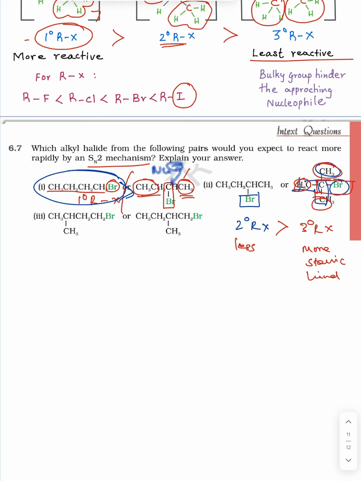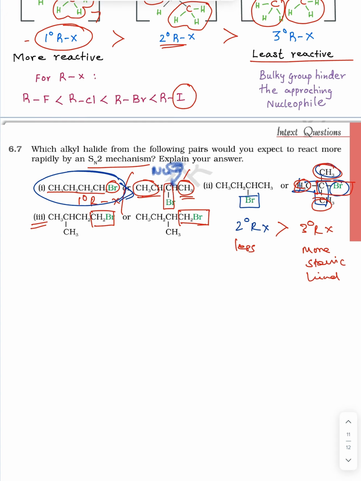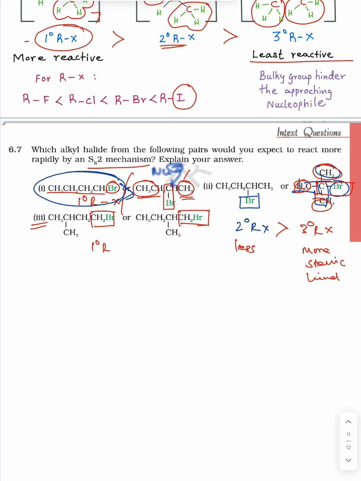And what about subdivision 3? Here also, this is the nature of the carbon-halogen bond. But what is the problem here? Both are primary alkyl halides. If both are primary alkyl halides, we need to focus on the steric hindrance. Here I have a methyl group in each. In this system, numbering 1, 2, 3, the methyl group is at the third position.